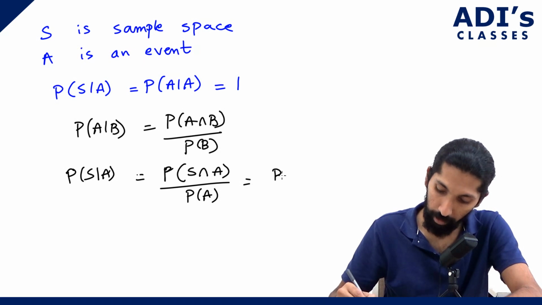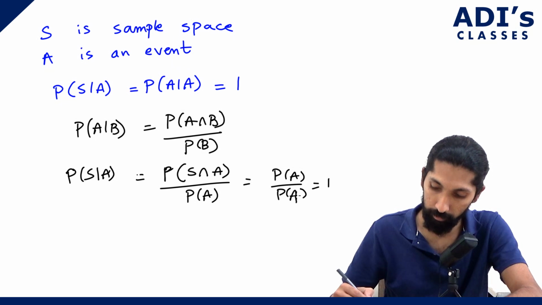So P of A divided by P of A, which is 1.